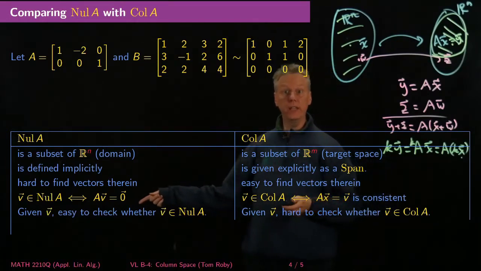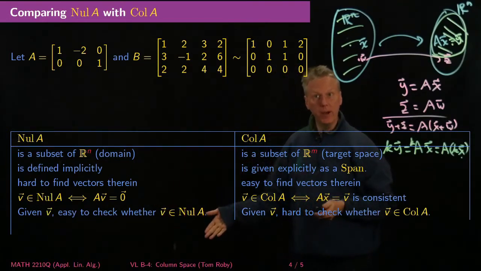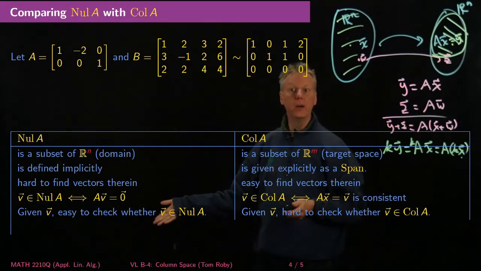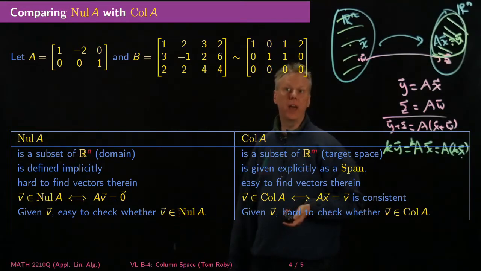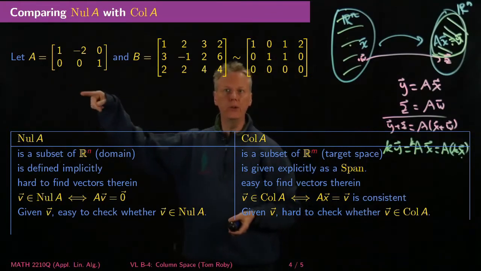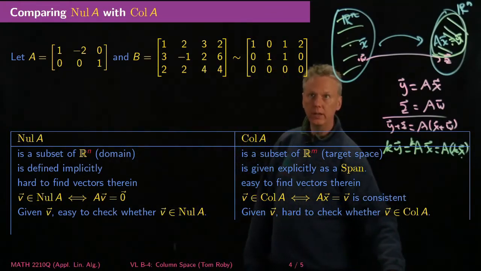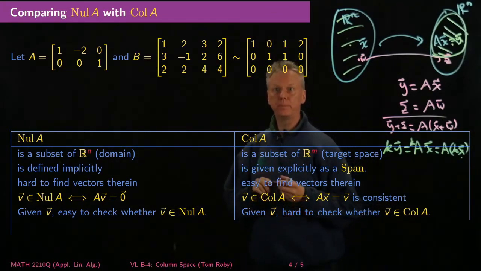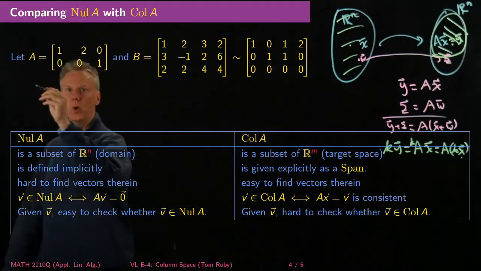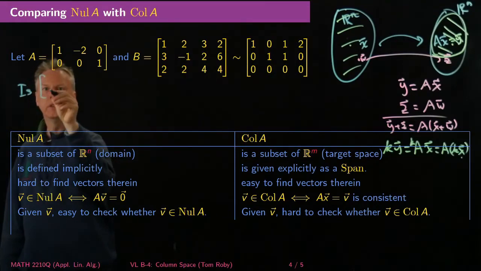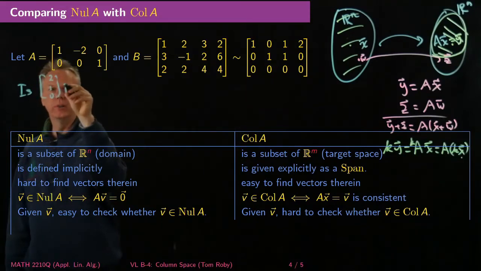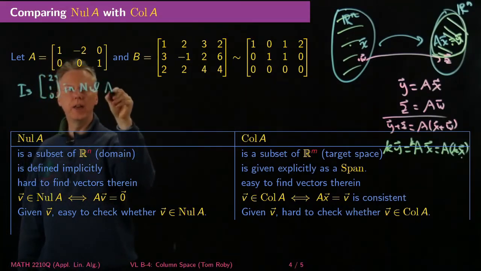So given a vector V, it's easy to check. It might be hard to find vectors if you don't know anything, but if I ask you, is this vector in the null space of A, you can check really easily, right? Because all you have to do is apply A to it and see whether it works or not. So for example, I could say, well, is 2, 1, 0 in the null space of A?